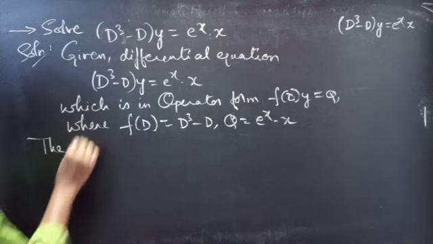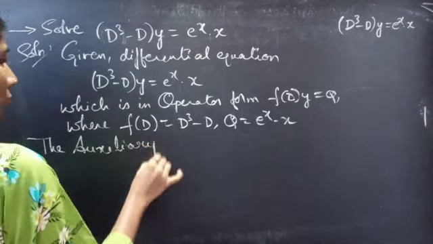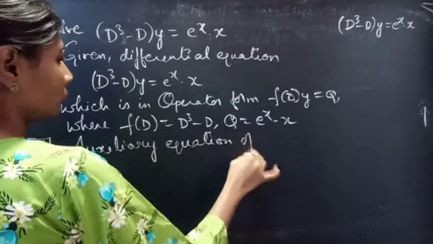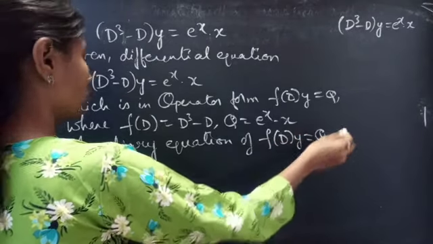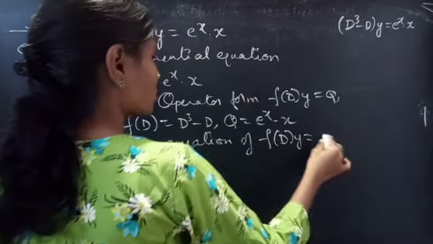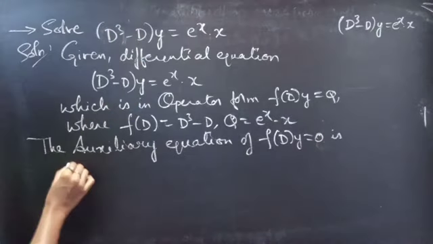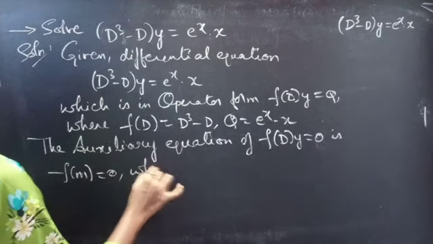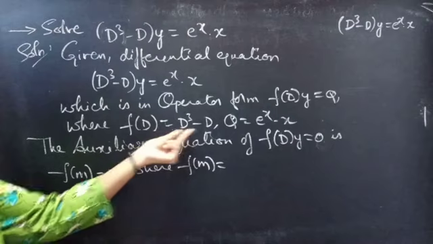The auxiliary equation of F of D into y equals Q, the auxiliary equation of the homogeneous equation, is F of m equals 0, where F of m, we have F of D as D cube minus D, right?